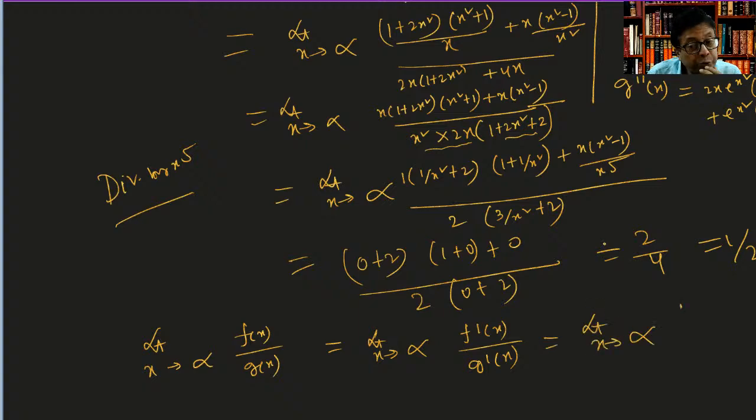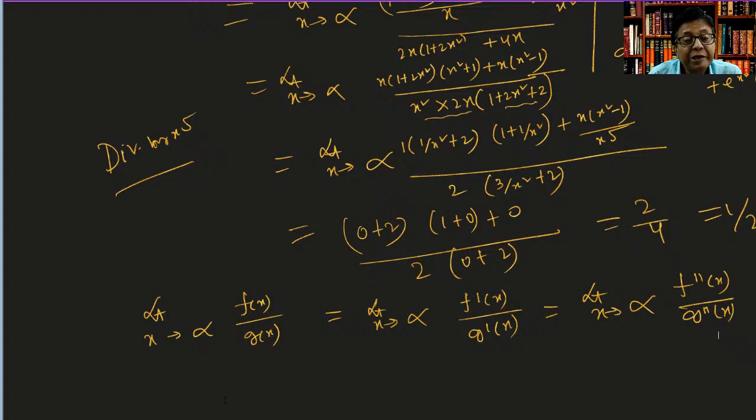And this is true for 0 also, 0 and infinity, by g double dash x. This is true for any limit. Not only infinity, this is valid for x tending to a also. Only condition is that the numerator and denominator should be both 0.